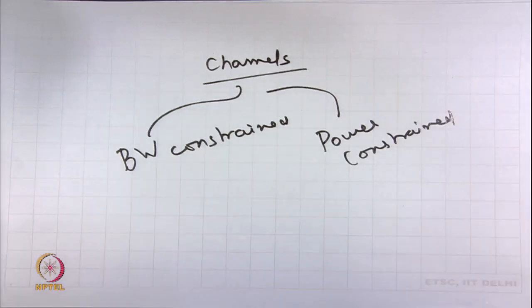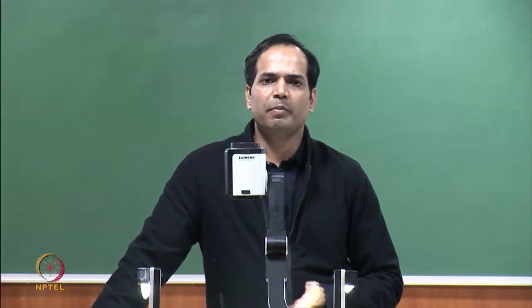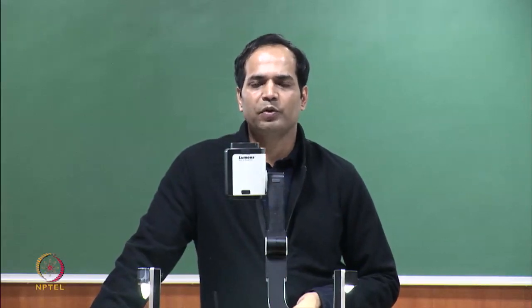The example of a power constrained channel is a satellite channel. Satellite communication systems basically work on batteries, and you want to use modulation schemes which minimize the use of batteries, so that the battery replacement does not happen too frequently.